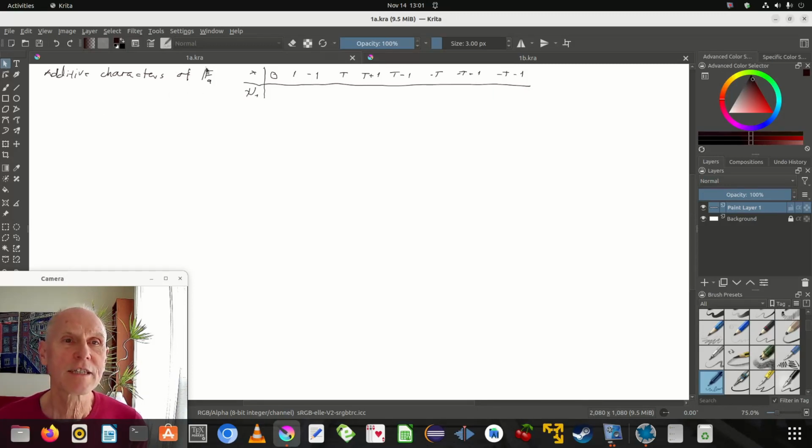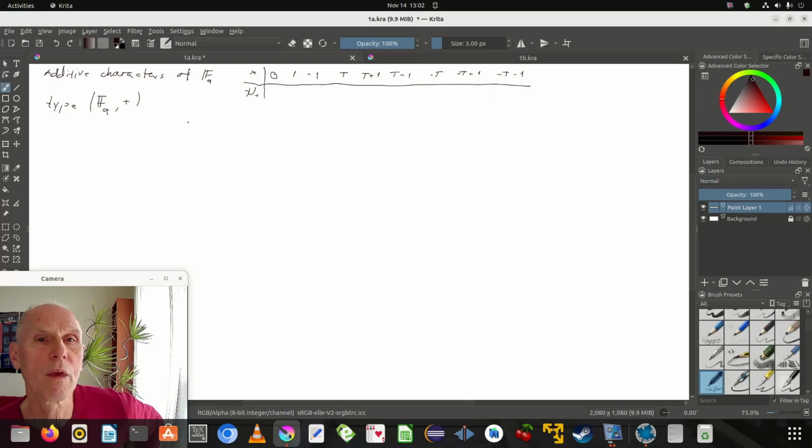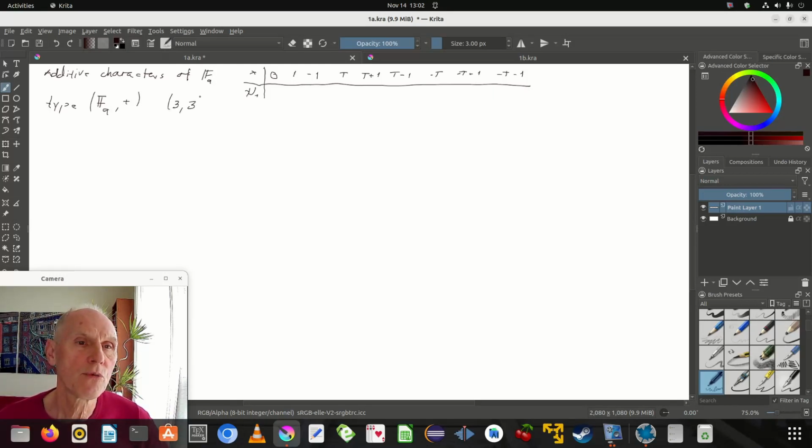So let's take an example, F9. Which characters do we have there? We need then to know the additive structure. So the type of F9 with the additive structure, and I think it's type 3.3.